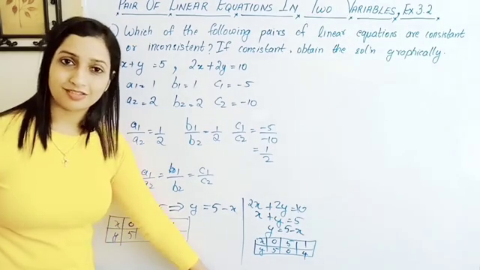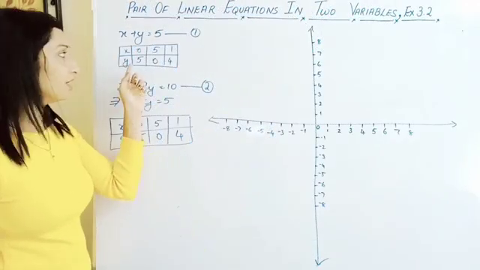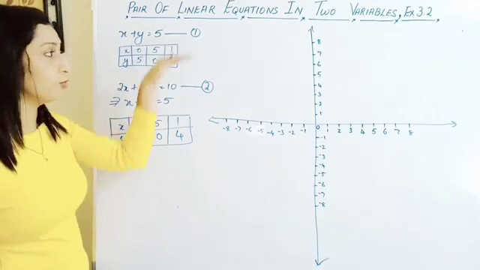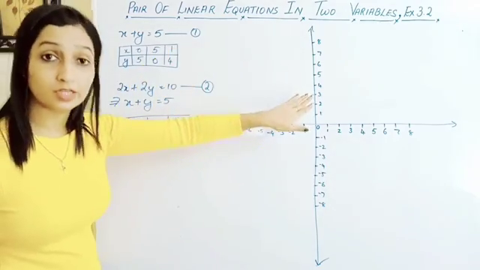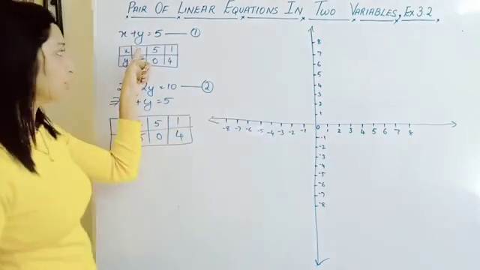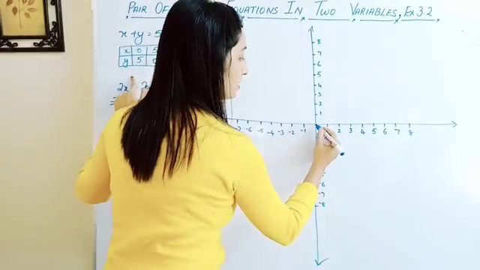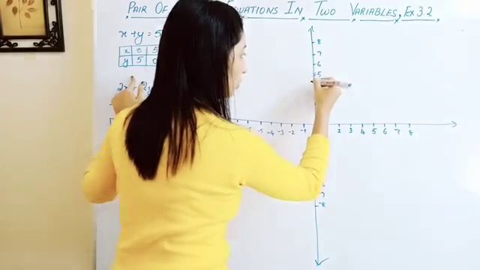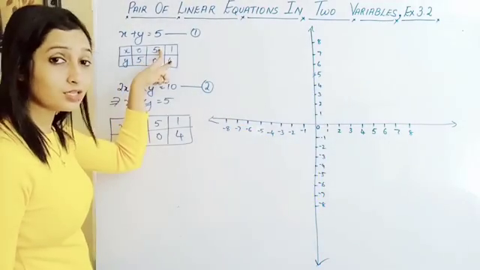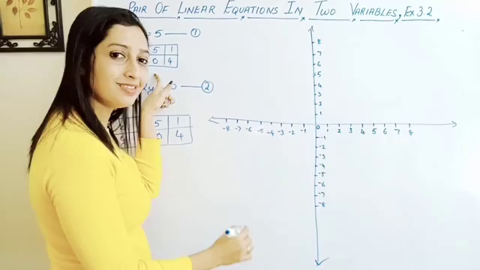So now let's plot the graph. I have written down the solution set of both our equations. And now let us plot the graph here. So what is the first point? When x is equal to 0, I get y is equal to 5. So x is equal to 0 and y equals 5. Then x is equal to 5 and y equals 0.